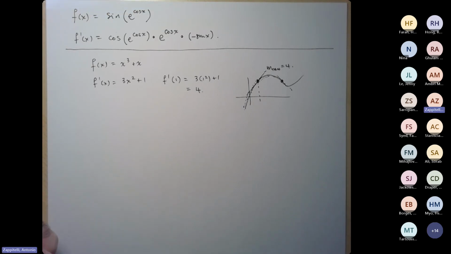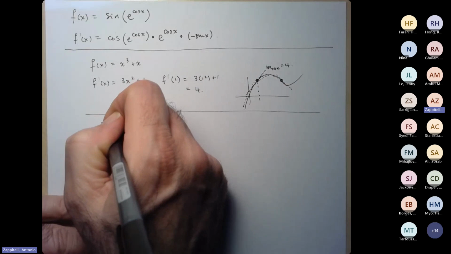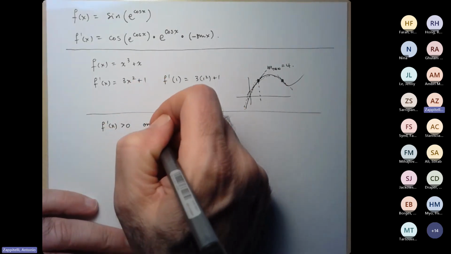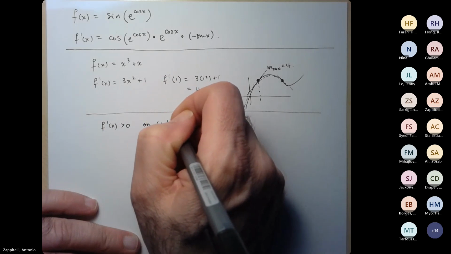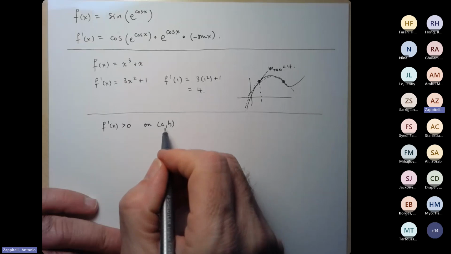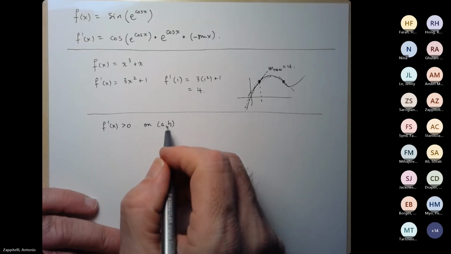Yeah, so we'll look at the second derivative a little later on. Okay, so we're all okay with this, that f prime of x being positive on some interval. Do we know this notation? The x value is going from a to b.